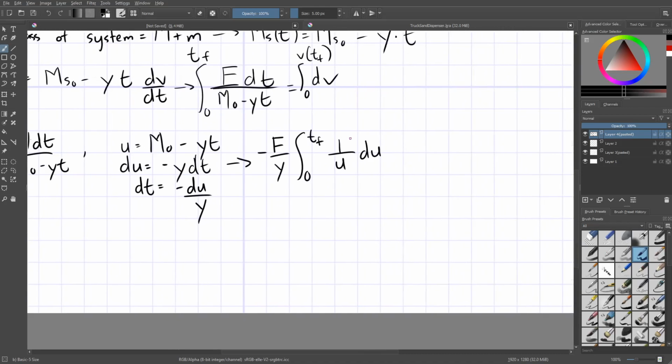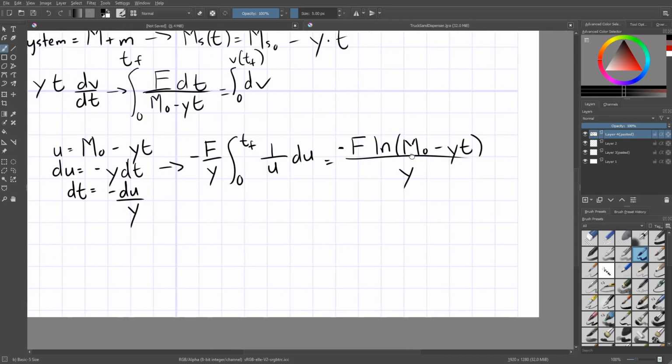Okay. This is going to equal the natural log of u, which I'm going to resubstitute as m naught minus gamma t. So this is negative F times the natural log of m naught minus gamma t, over gamma.